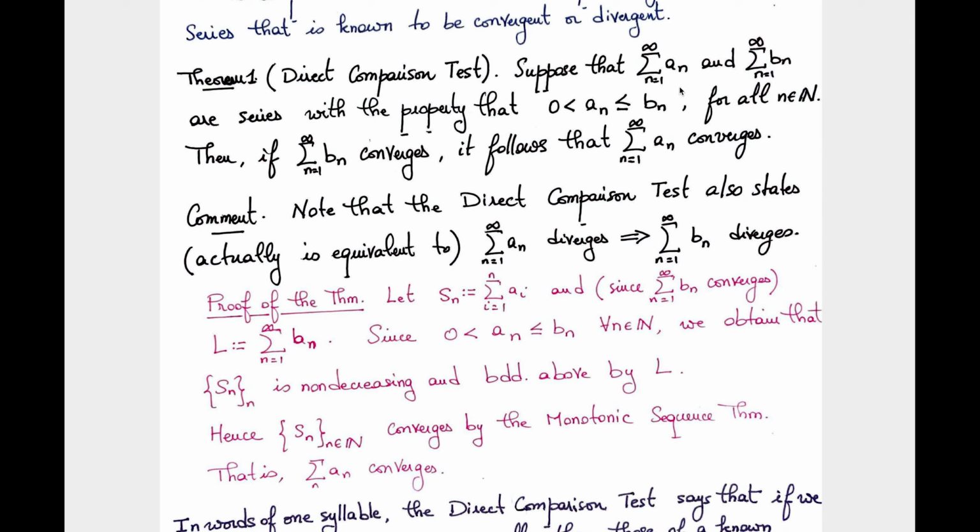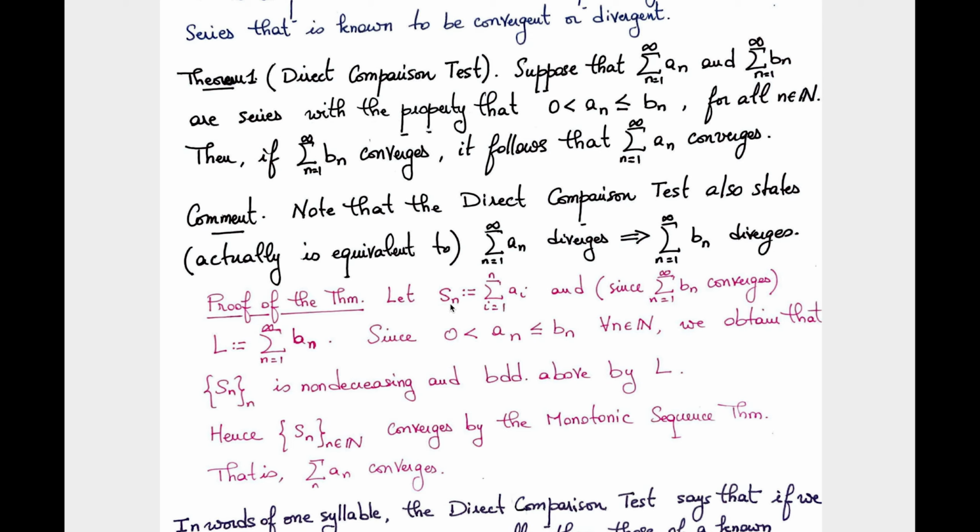What's the setup? The setup is I have this double inequality for all n, and I know that the series whose terms are Bn is convergent. Correct? So for all n, we're going to denote Sn to be the nth partial sum of the series whose terms are An.